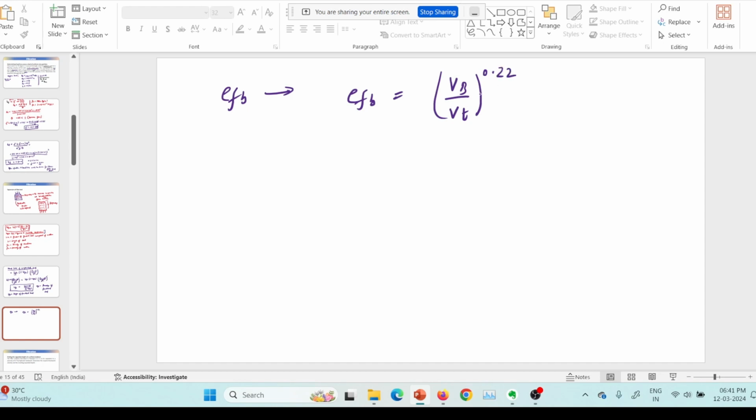So if we increase the backwash velocity, EFB will increase, correct? And if the particle is big, then settling velocity will be more, and if settling velocity is more, then EFB will be less.